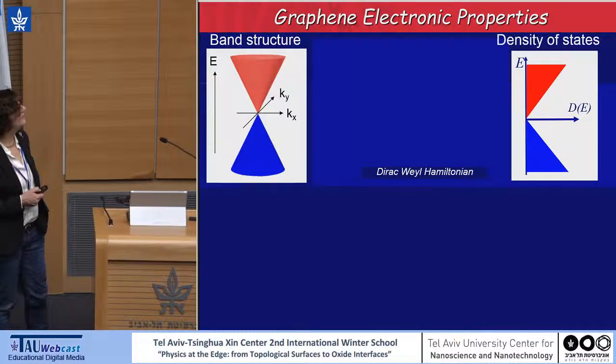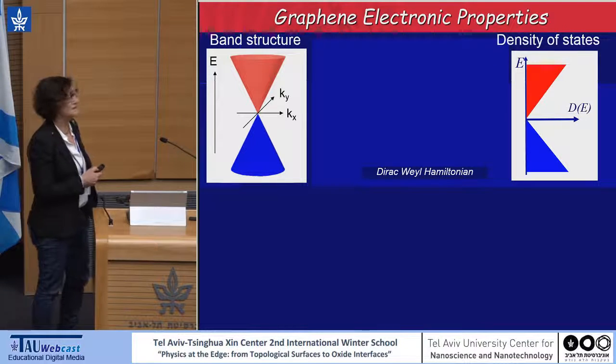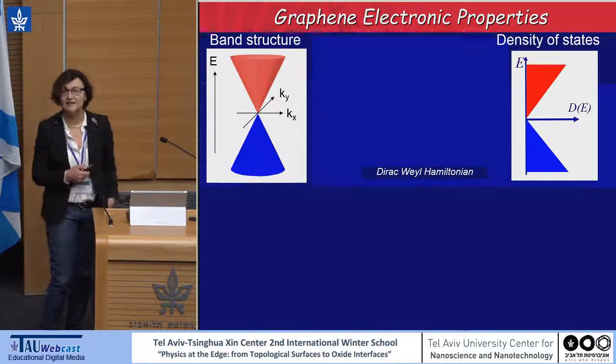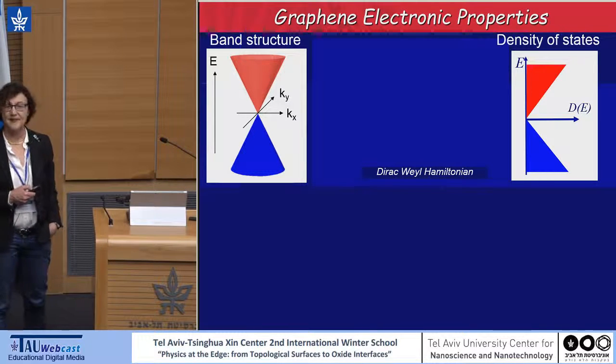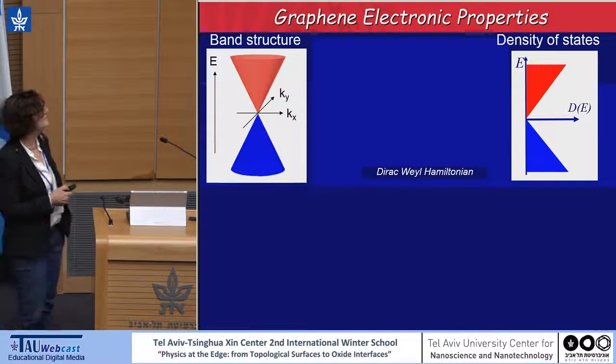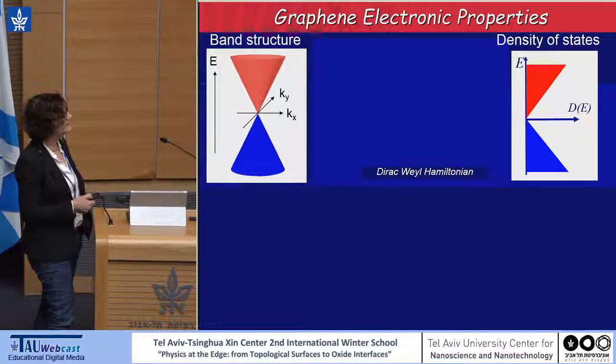We all know about the celebrated properties of graphene. The band structure is conical. The excitations are described by ultra-relativistic massless Dirac fermions. The conical band structure leads to a linear density of states which vanishes at the Dirac point. At charge neutrality, the Fermi energy sits right at the Dirac point.